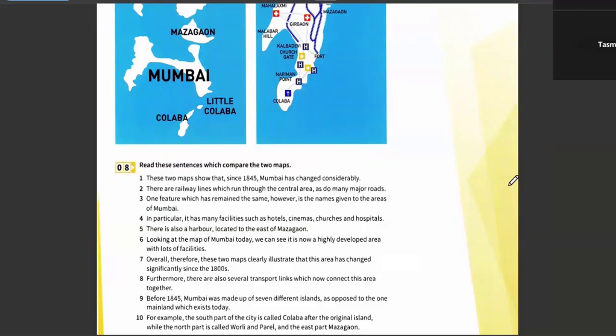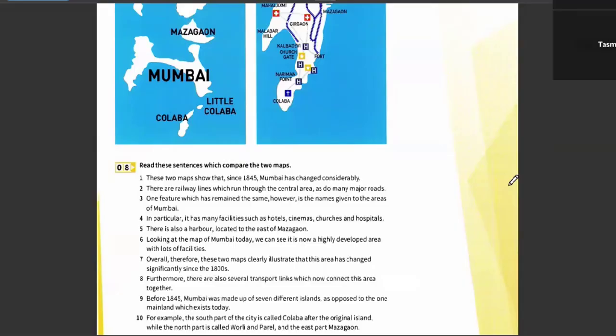Three, one feature which has remained the same, however, is the names given to the areas of Mumbai. Four, in particular, it has many facilities such as hotels, cinemas, churches, and hospitals. Number 5, there is also a harbour located to the east of the Mazagaon.